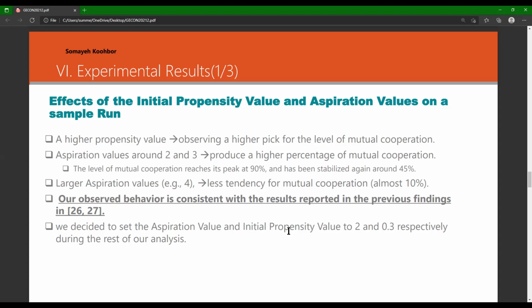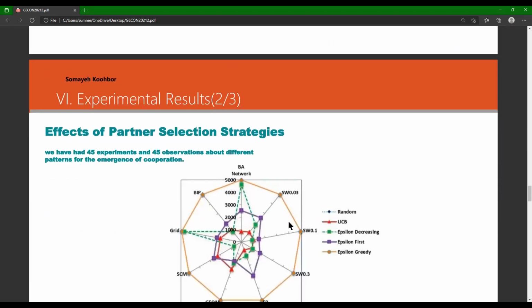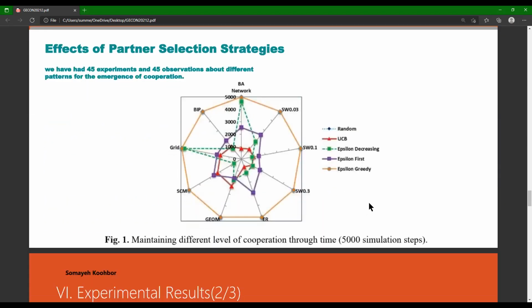And at that time, the question was how we can improve it from 45%, how we can go up. And that was why we introduced the partner selection strategies to see how we can change this 45% to something bigger. So as you can see, we have 5 partner selection strategies, and we have 9 networks, in total 45 observations.